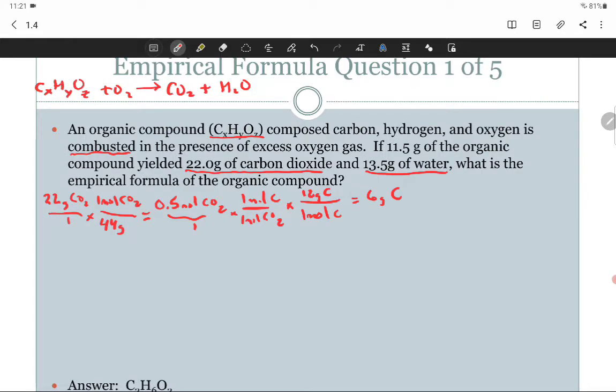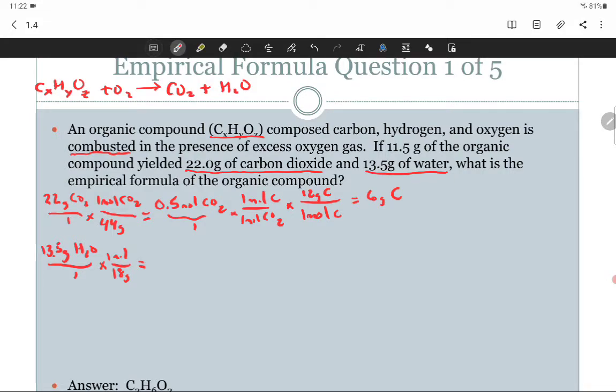Okay, so let's do the same thing with the water. 13.5 grams of water. And let's do the exact same thing we just did there. So in 1 mole of water, there is 18 grams.